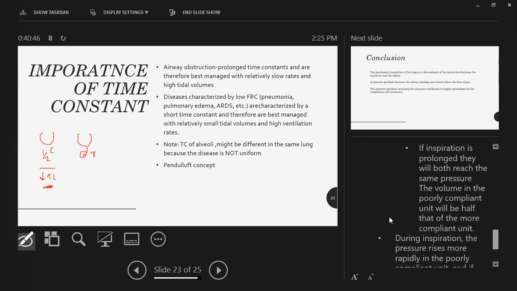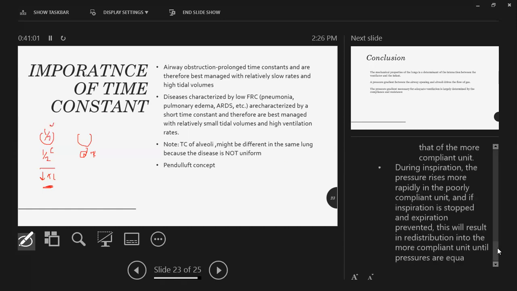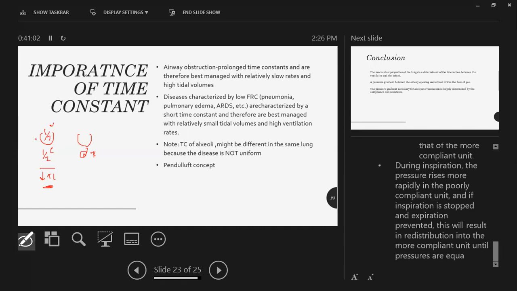If inspiration is prolonged, both will reach the same pressure. Volume in the poorly compliant unit will be half that of the normal compliant unit. Okay. During inspiration, the pressure rises more rapidly because this is stiff and this is not allowing for expansion. The pressure increases rapidly in the poorly compliant unit.